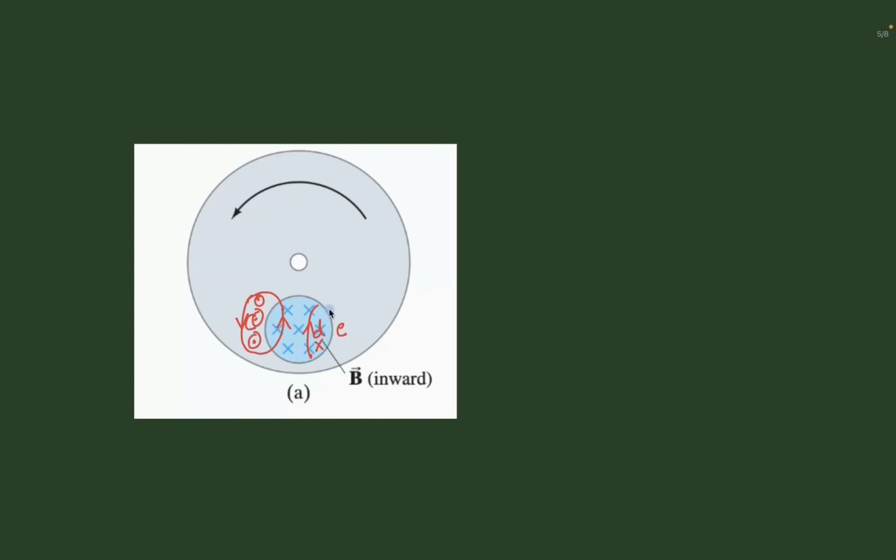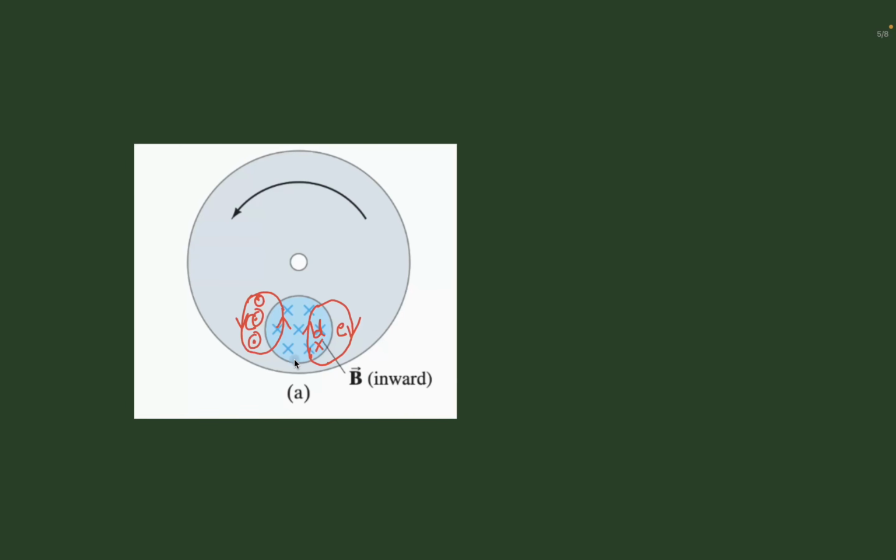In order to complete the loop for this current, it should go out of the region of the magnetic field and come back and join here. So I will have the current going downwards outside the magnetic field region. In the magnetic field region, I'll have the current going in the upward direction.